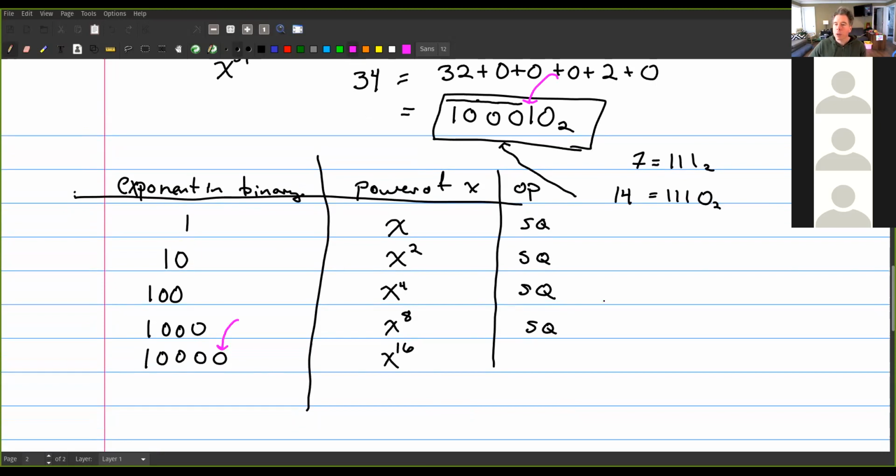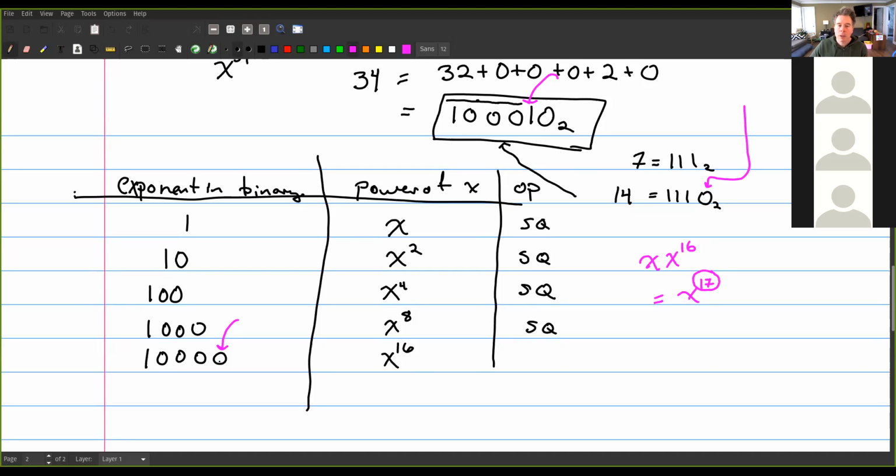So what happens if I multiply in an x? If I do x times x to the 16th, this is going to be x to the 17th. When I multiply in an x, that just increases the exponent by 1. And when you increase a binary number by 1, assuming this digit is 0, it just changes it to a 1.